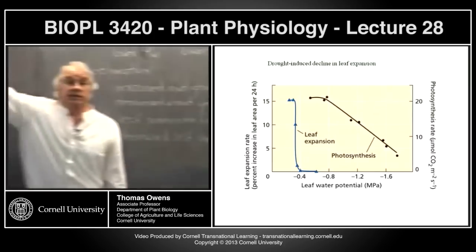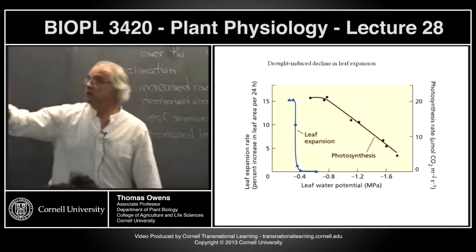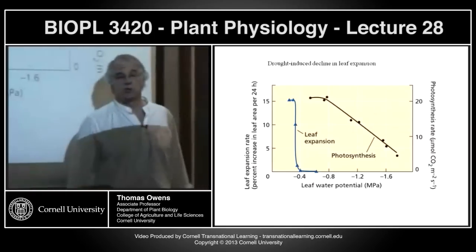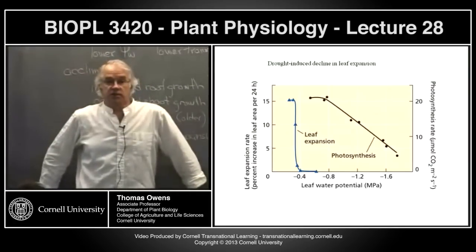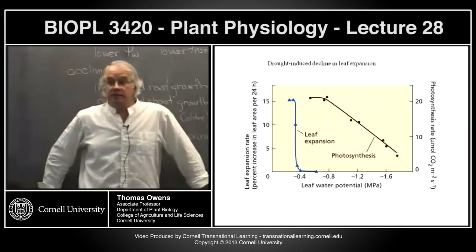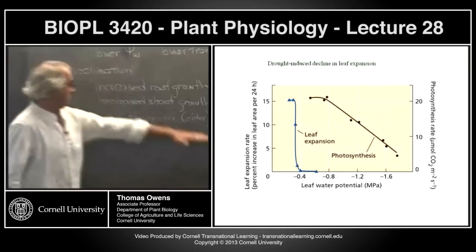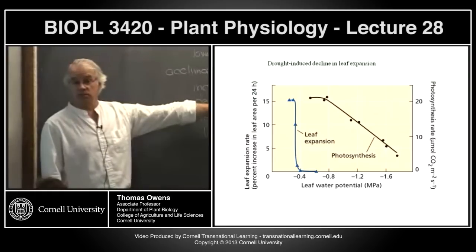But this information tells you that there's something else going on here: leaf expansion is slowing down much more rapidly than the decrease in photosynthesis. So it's not carbon limitation that is causing this effect. Part of it is right here, that there's a change in the allocation of carbon between the shoots and the roots.